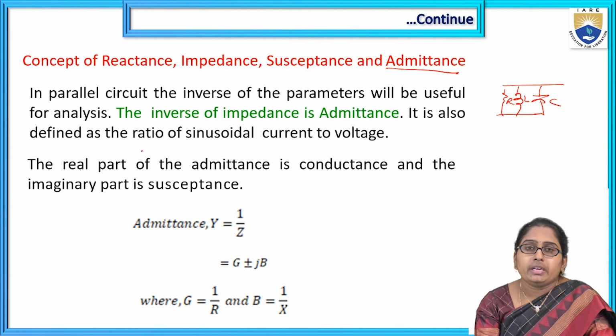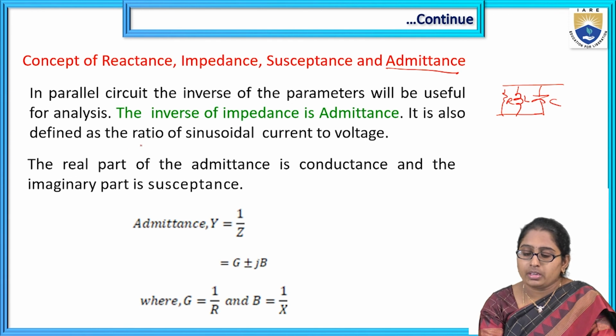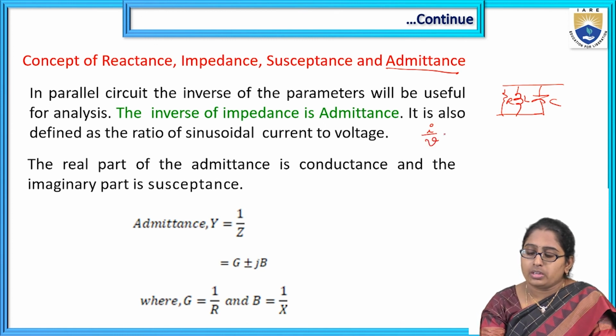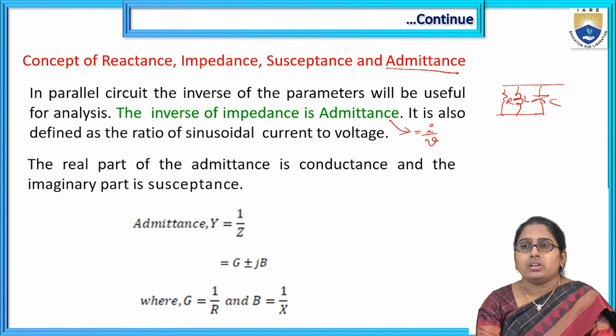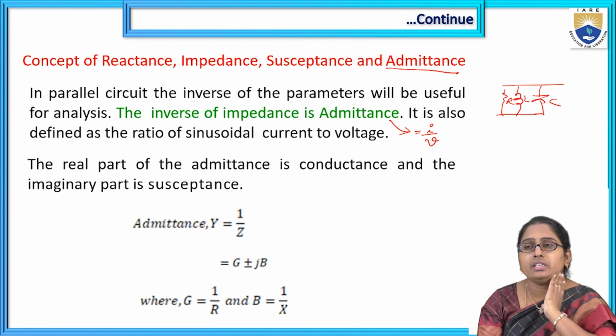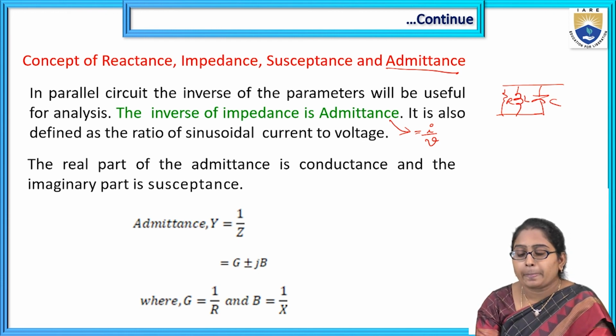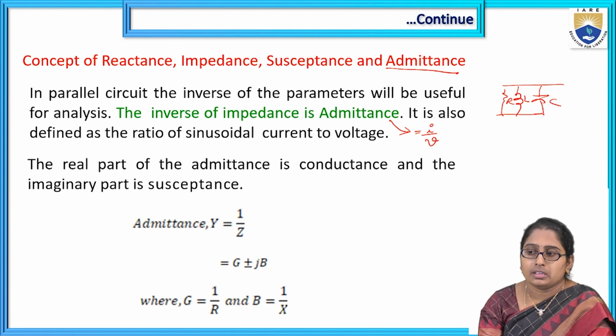Now, if we know the definition of impedance, we can give the definition for admittance in this manner also. It is also defined as the ratio of sinusoidal current to sinusoidal voltage, that means small i by small v. Initially, know that it is simply the inverse of impedance, and it is also defined like this.